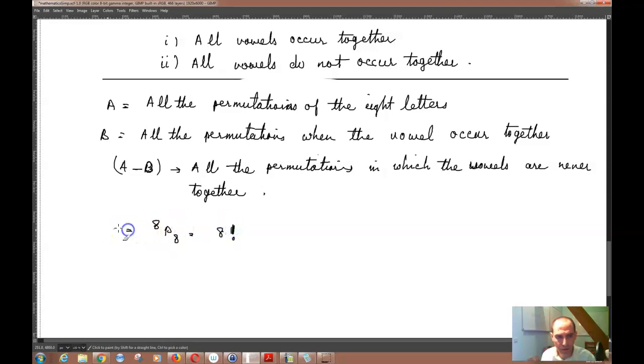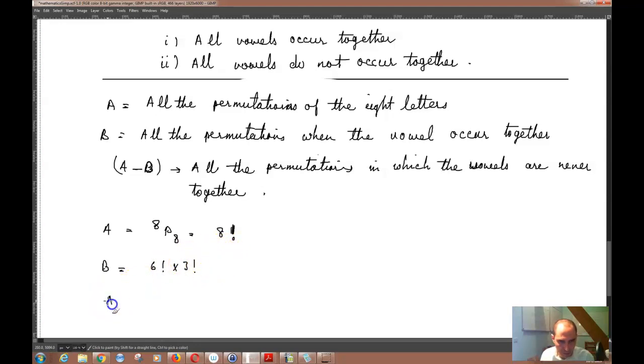And so that is equal to A. And B is all the permutations when the vowels occur together. We have already calculated this to be 6 factorial times 3 factorial.